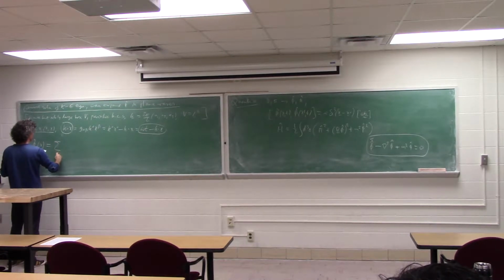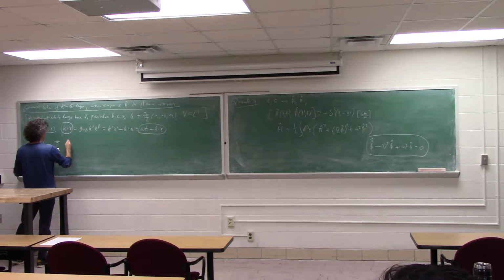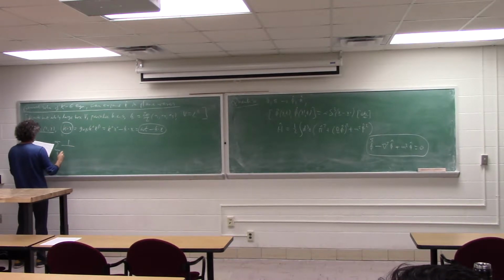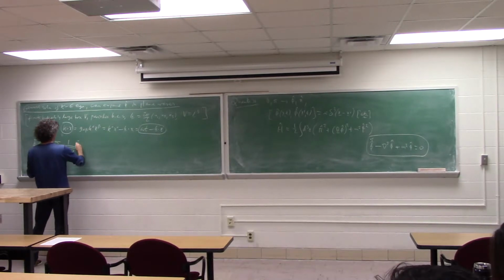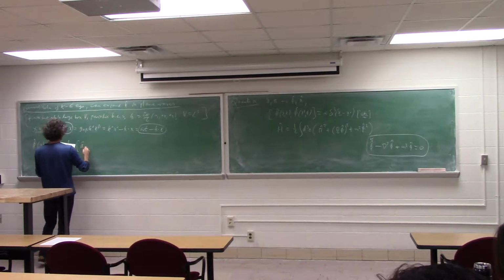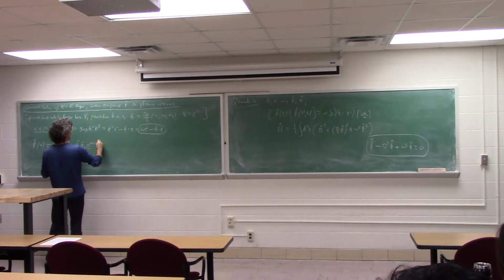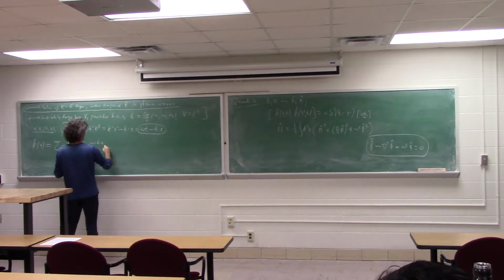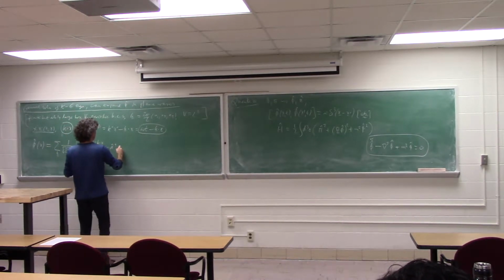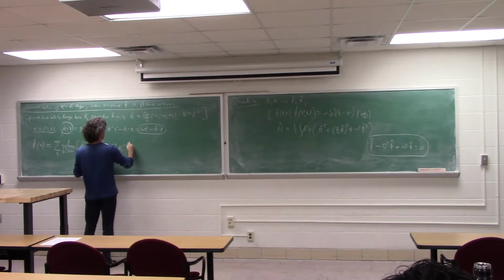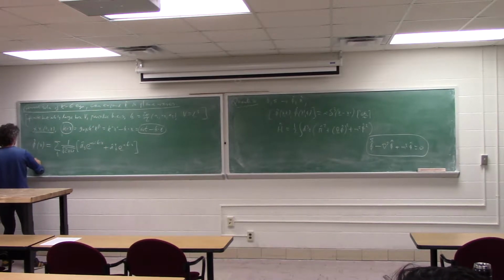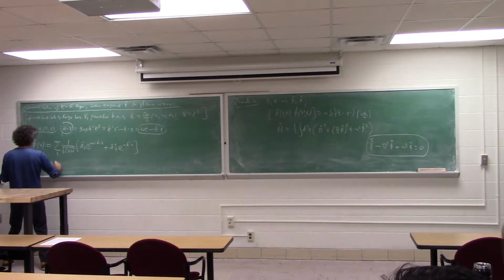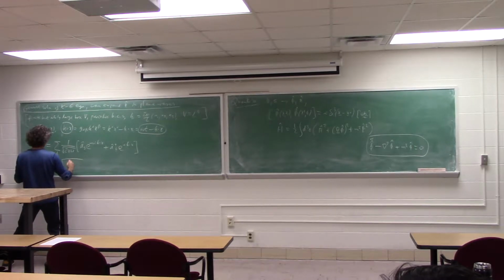Here is our expansion. There's a factor in front for later convenience. We have 1 over the square root of 2 V omega, times a hat k e to the minus i k dot x plus a hat dagger k e to the plus i k dot x, where omega is equal to the square root of m squared plus k squared.